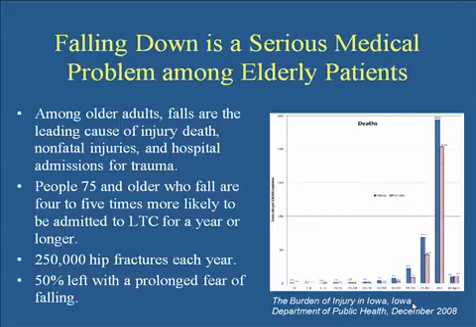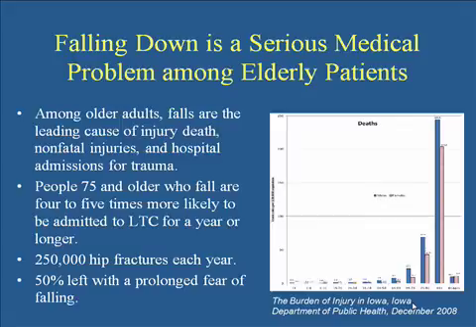Among older adults, falls are the leading cause of injury death. They're the leading cause of non-fatal injuries, and they are the leading cause of hospital admissions for trauma, again, among older adults. You can see here in the lower right-hand corner the data from Iowa.